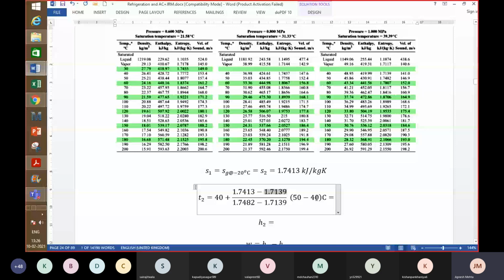With the help of this formula, you can get the temperature T2, which is the outlet temperature from the compressor, the discharge temperature, and we also take it as the entry temperature to the condenser. So you can tell me what this value is.